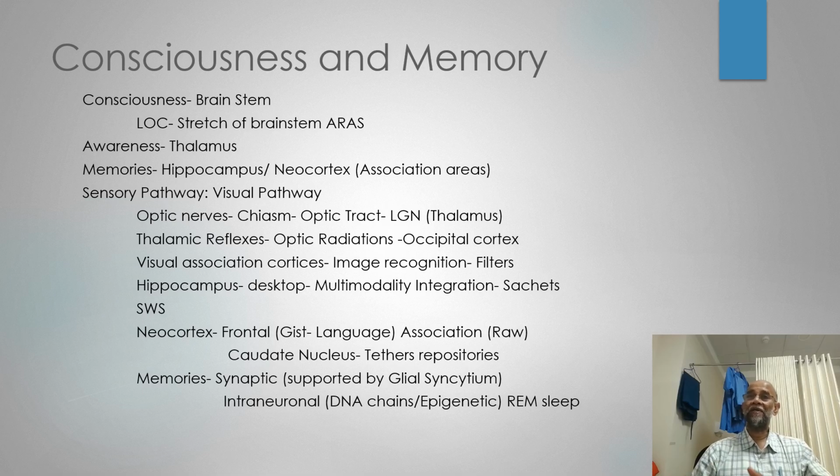You have single neurons registering a concept. Movement of memories from the synaptic maze to intraneuronal repositories occurs during REM sleep, and that is when dreams occur because of a churn of stored memories.